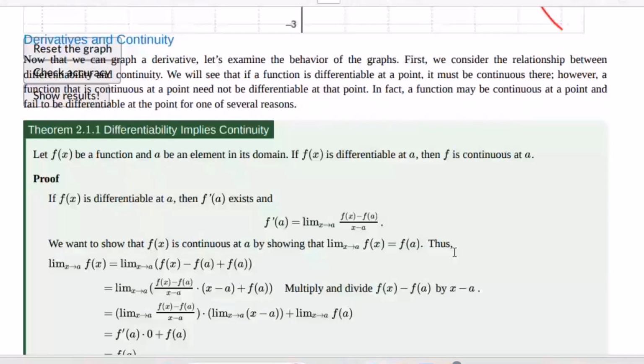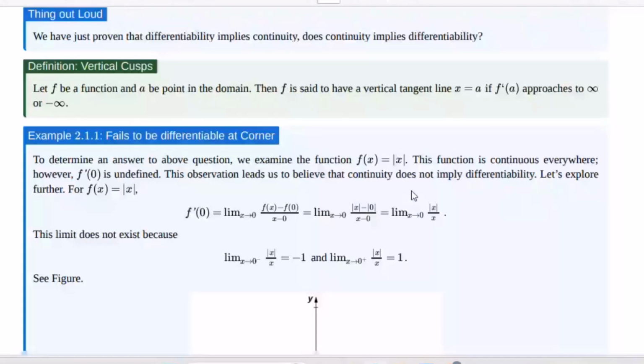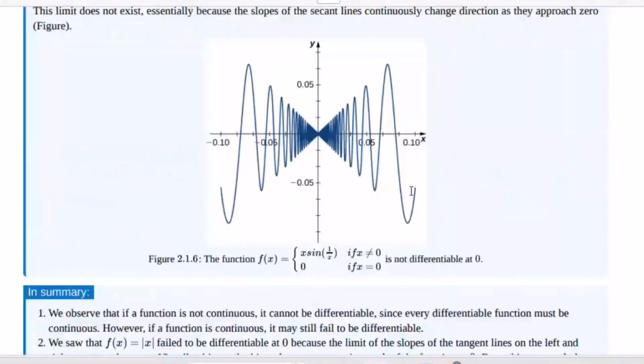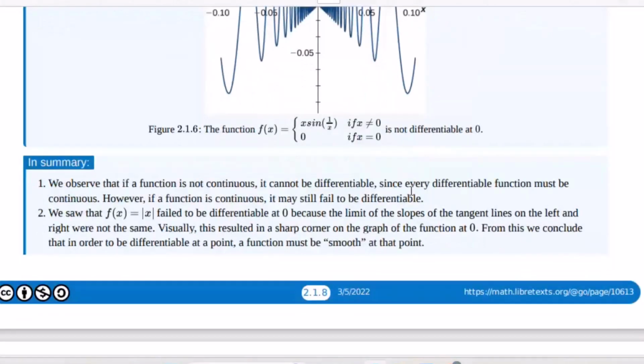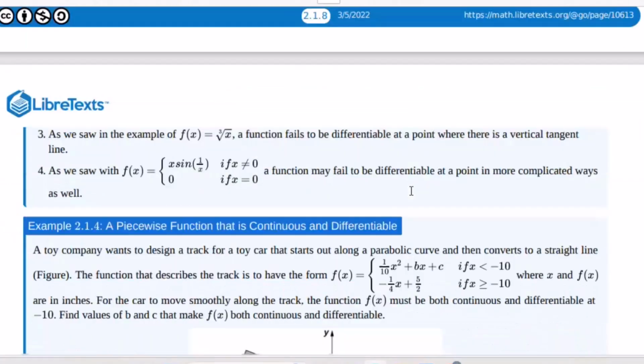Where is this? Okay. This is this example on this page. The next one, not this one.